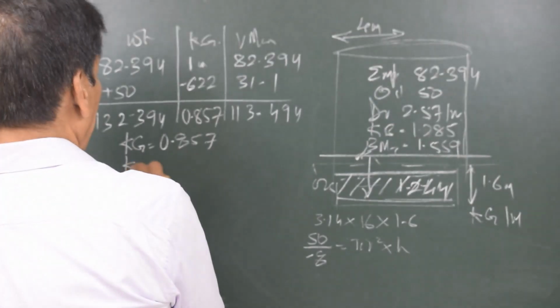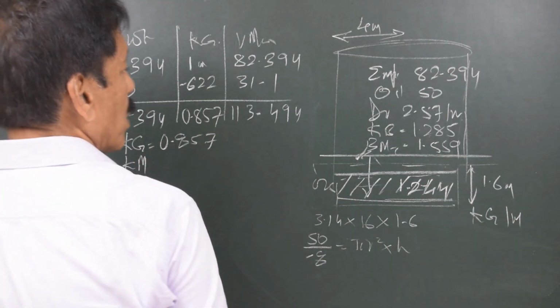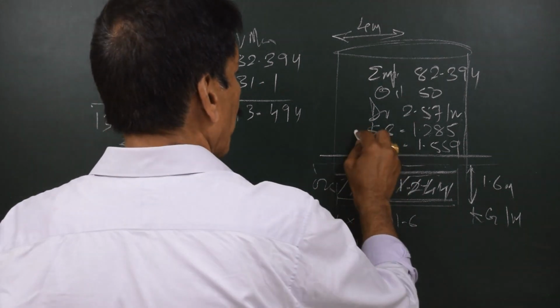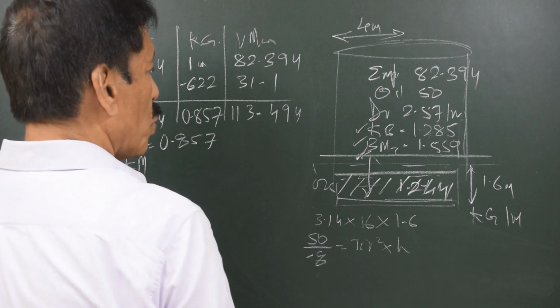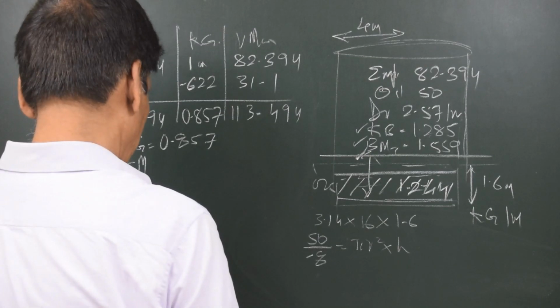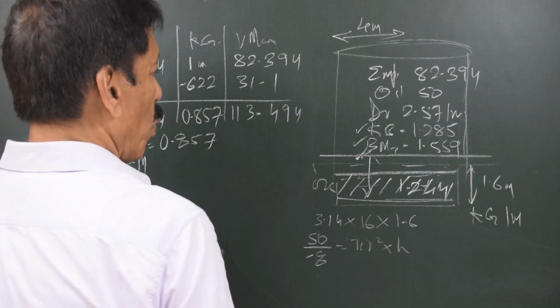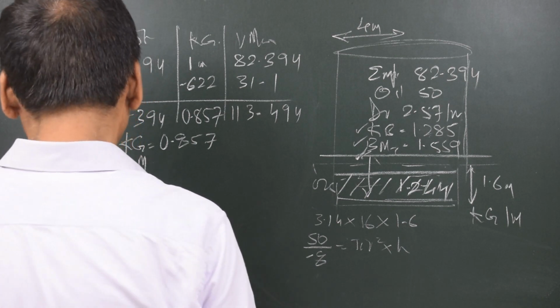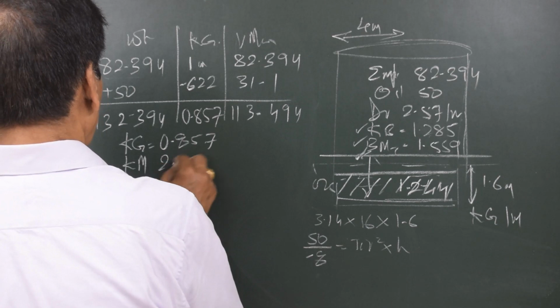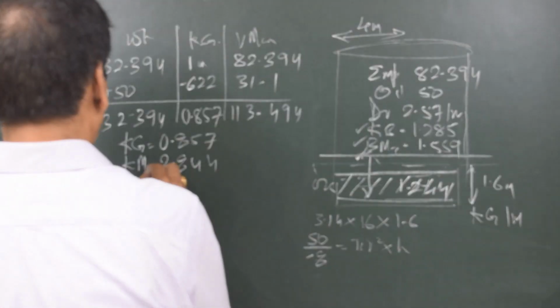0.857, and KM, that is KB plus BM, KB plus BM is 1.285 plus 1.559. KM is 2.844.